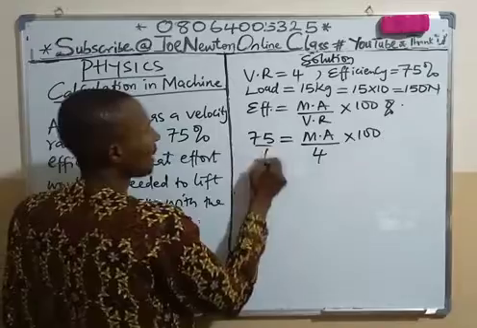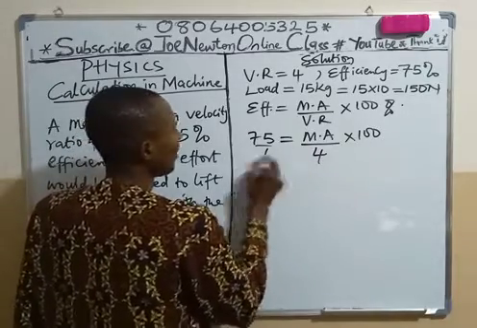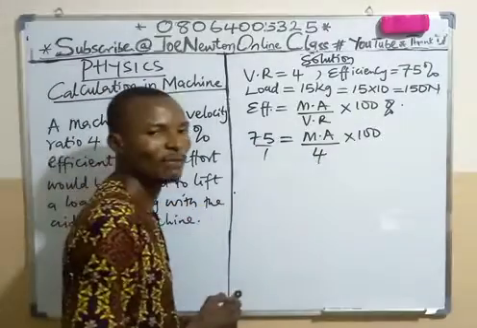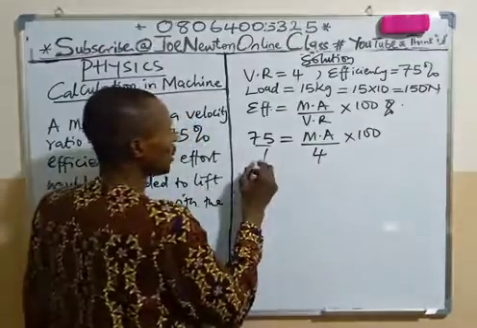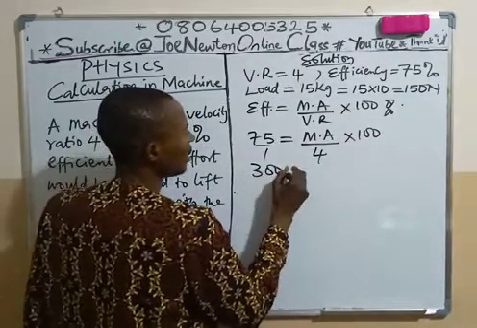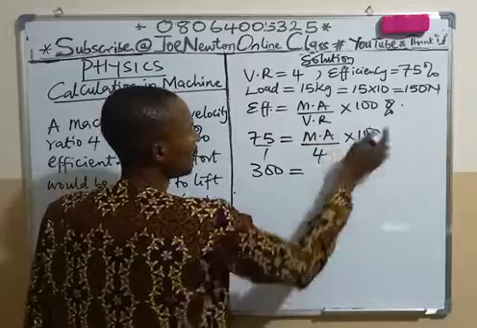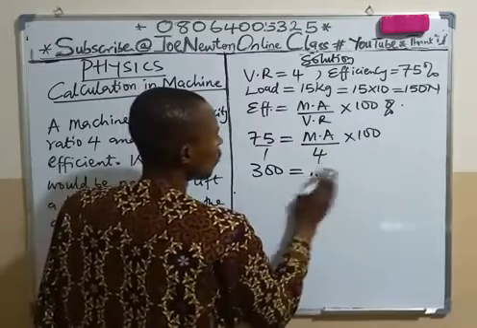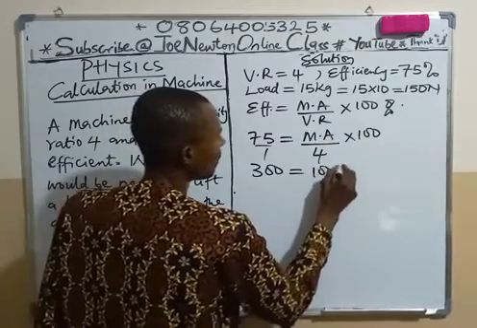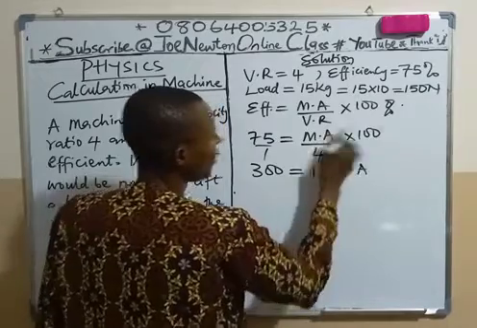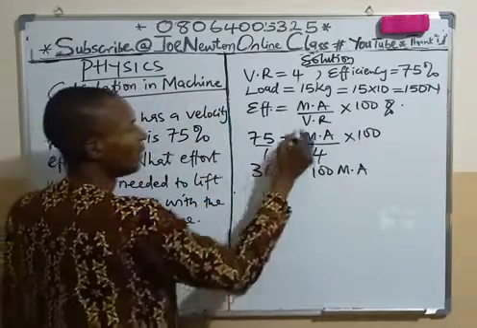Quickly, when you cross multiply this, 4 times 75 will give us 300. 300 is equal to MA times 100, which is 100 MA.